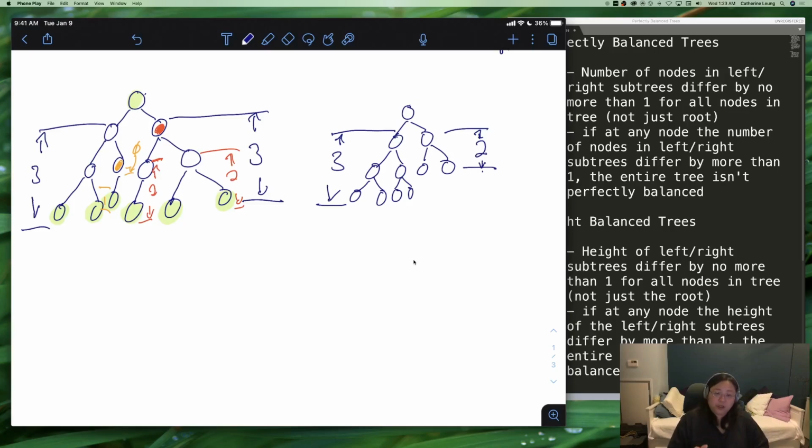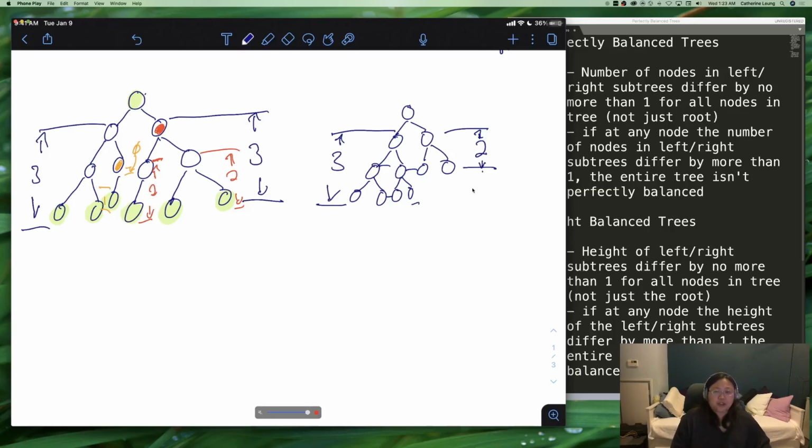So that is perfectly allowed in a height balanced tree. Not for perfectly balanced, but for height balanced, it's okay. And if I continue to apply the same comparison through each of the subtrees, I will see that the definition remains true. So this is 2 versus 2, which is fine. And we can look at this for the entire tree and we'll be fine.